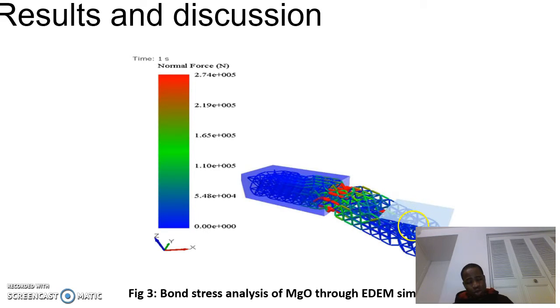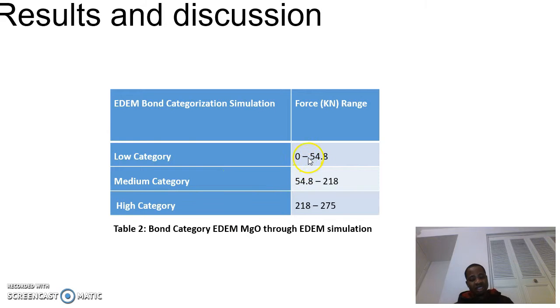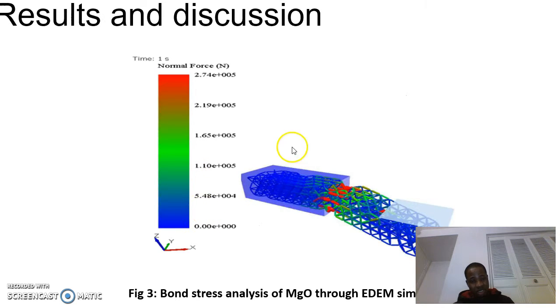As we increase the force, the bond between the magnesium oxide is trying to break, and this is the bar that shows us the value of the force that we are increasing here. We divided this force into three sections. Summarily, this is from 0 to 54.8 kilonewton. Those levels are the low category, the blue area.